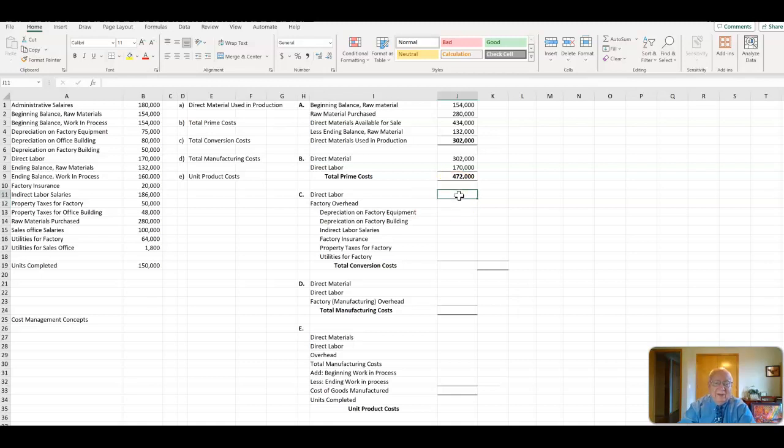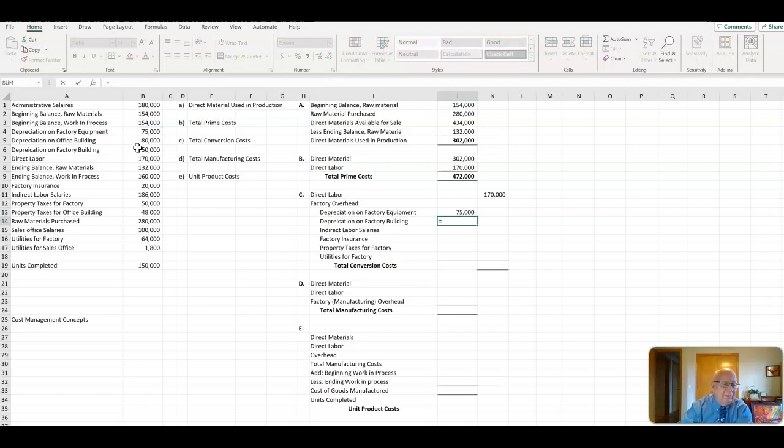Then we're going to have our conversion costs. Conversion costs is direct labor plus your factory overhead. Okay, so the direct labor I'll put over here. Remember, we just did that, 170,000. Then we want to add the factory overhead. Well, we have depreciation on the factory equipment of 75,000.